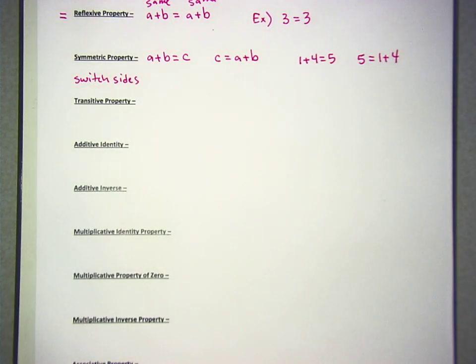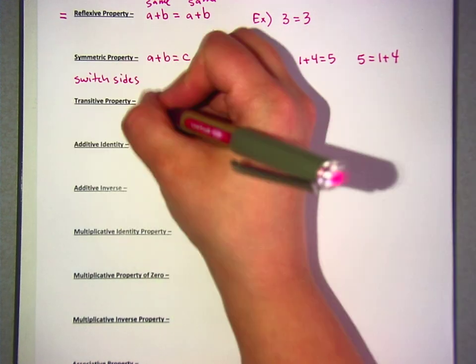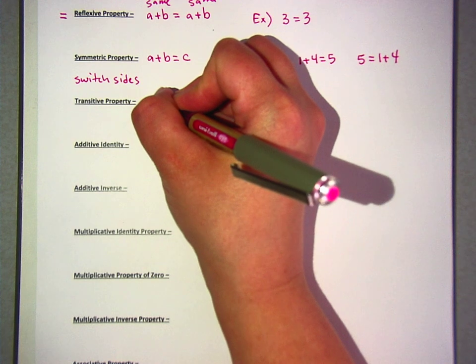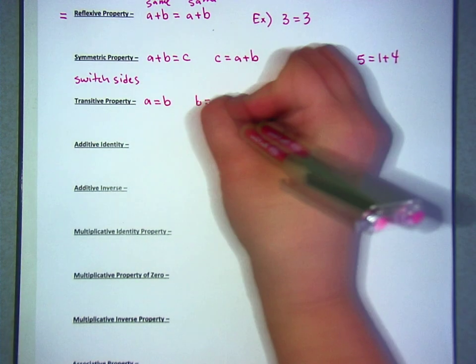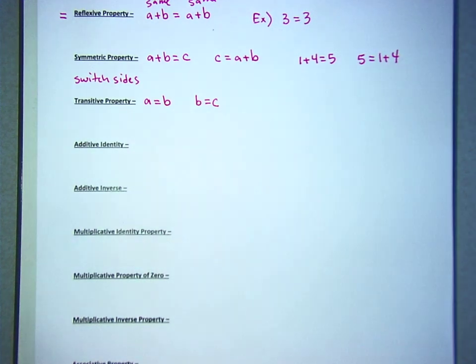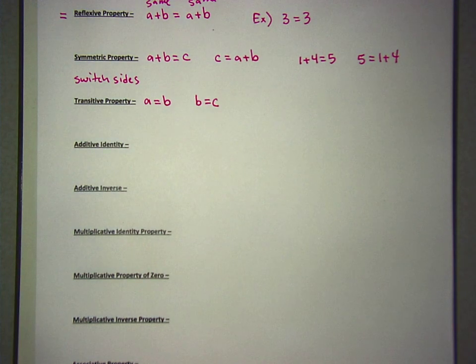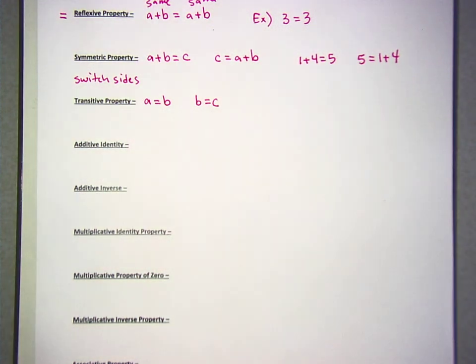All right, transitive property. The transitive property says this. If A equals B and B equals C, anybody want to finish that for me for a prize? Yeah?